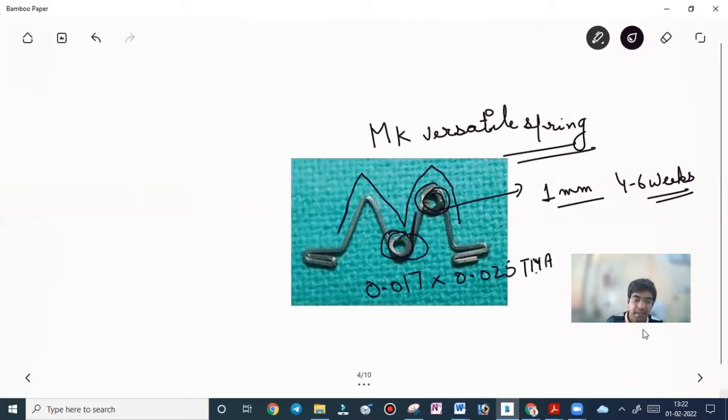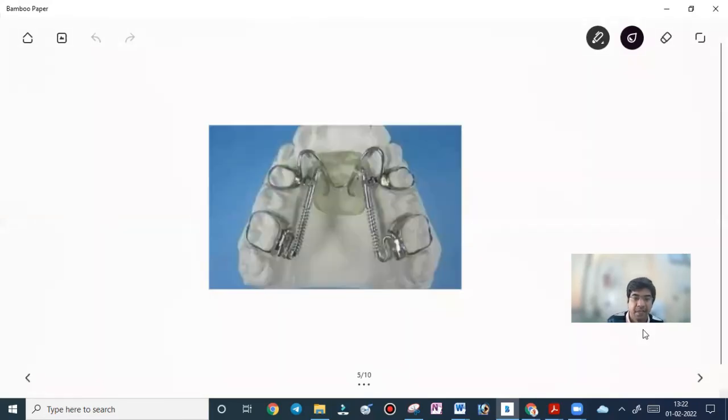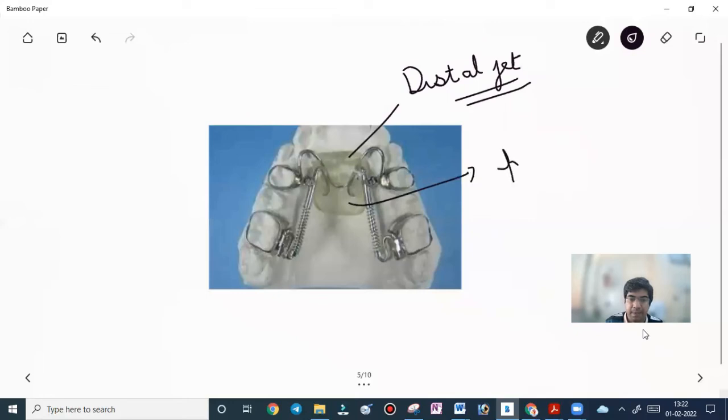Another appliance that can be used is the Distal Jet. So this is Distal Jet. It was described by Dr. Carano and Dr. Testa. It is a fixed palatal appliance that produces unilateral or bilateral molar distalization.